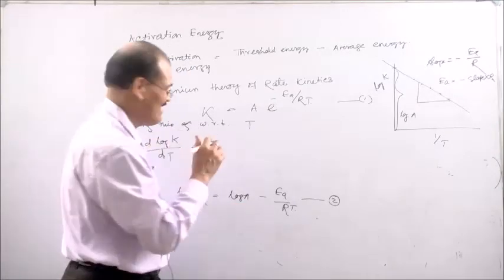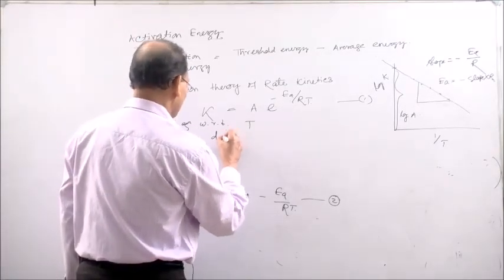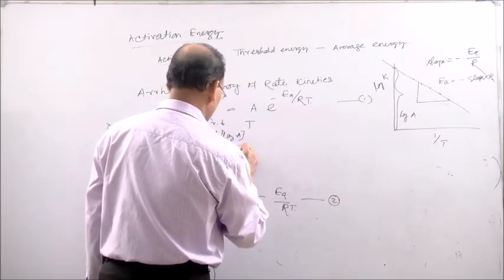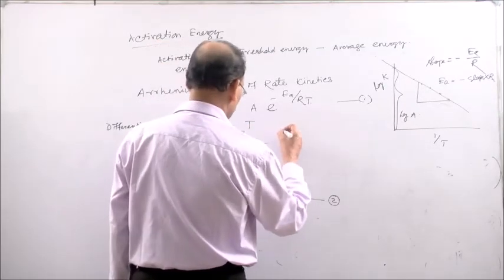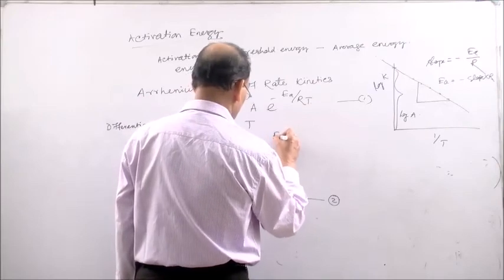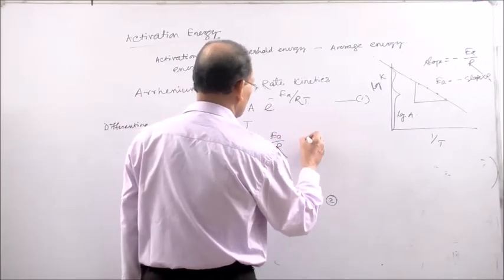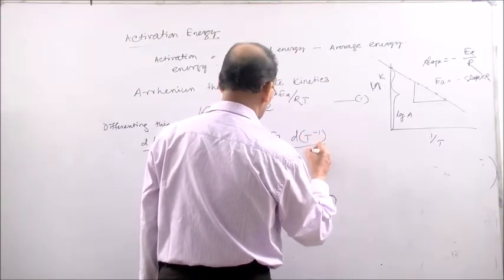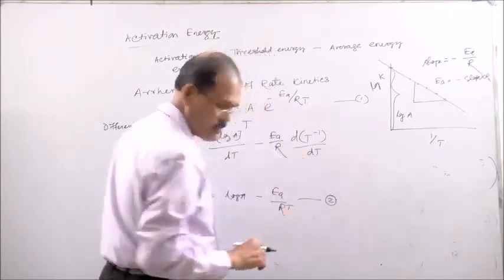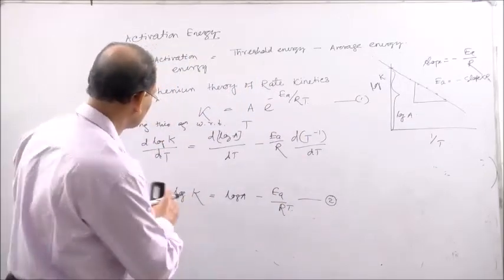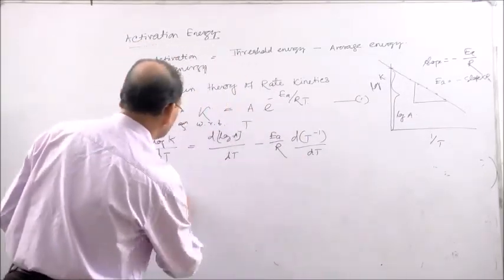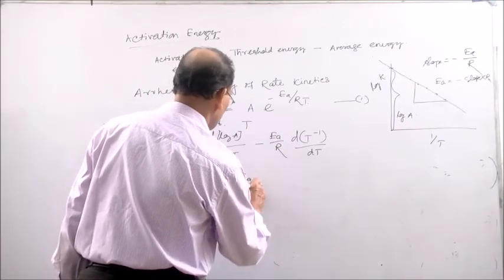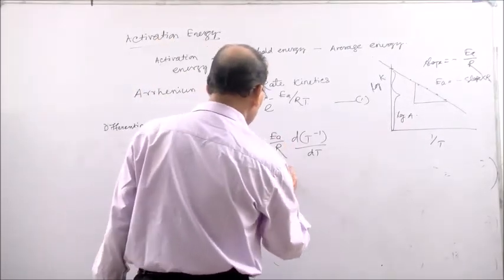So d log A by dT minus Ea by R, T to the power minus 1, dT by dT. In that case, what happens to this? It is a constant quantity, so this is 0, and it is Ea by R into the remaining term.